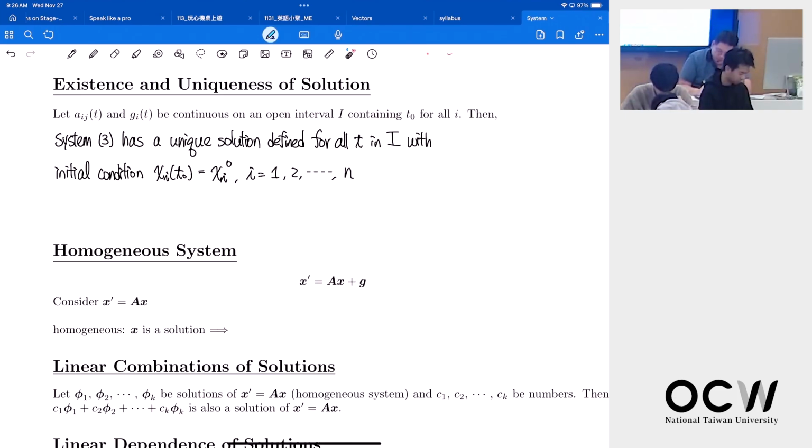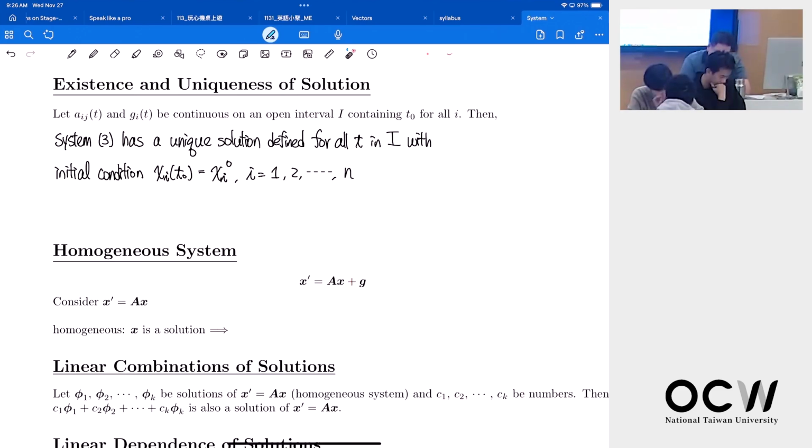First we just consider the homogeneous one, and later on the overall. For the overall, I will have the homogeneous solution plus the particular solution to form the overall general solution. But first let's discuss the homogeneous system.